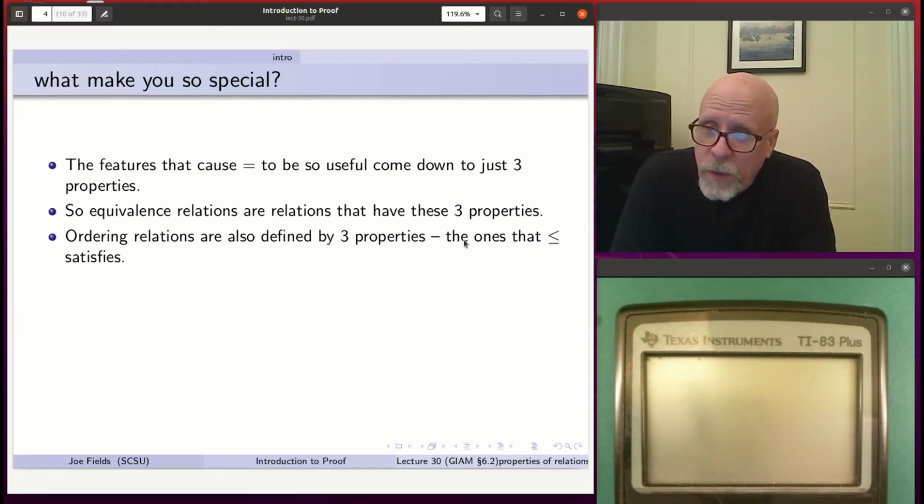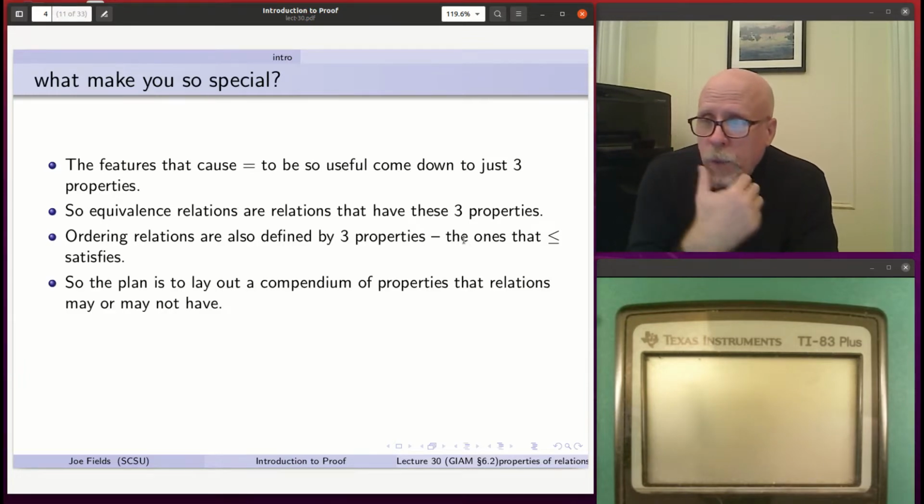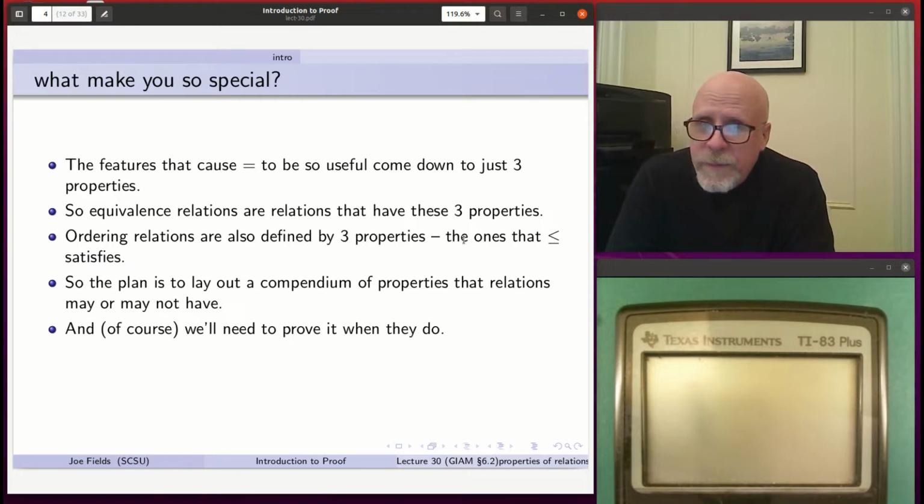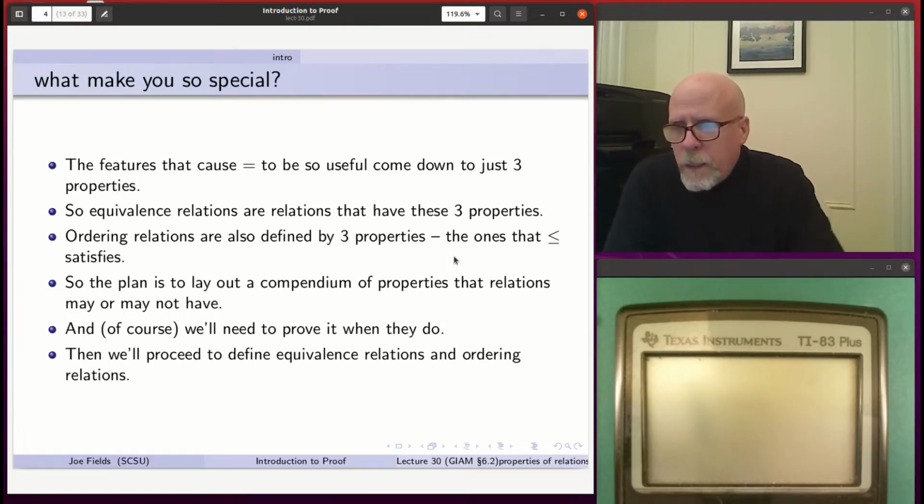Ordering relations are also defined by 3 properties, the ones that the less than or equal sign satisfies. So here's the plan. We're going to lay out 5 properties that a relation may or may not have, and then think a little bit about how to prove it when they do. Then we'll proceed to define equivalence relations and ordering relations.